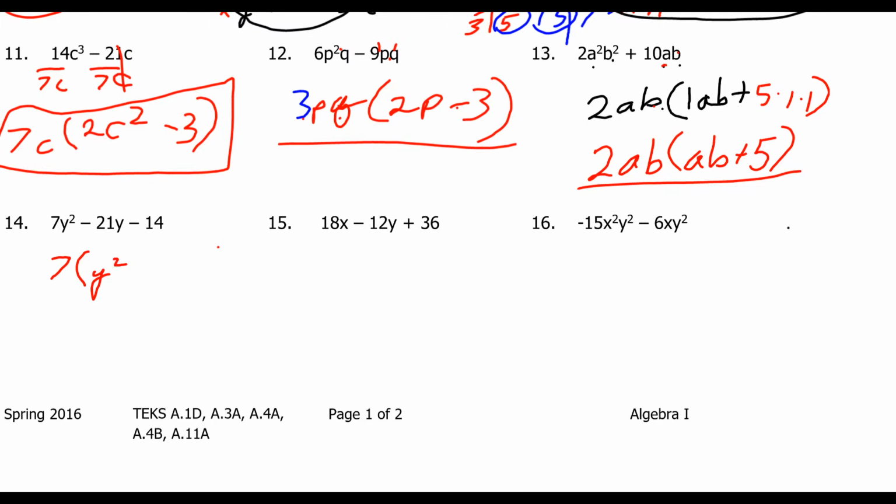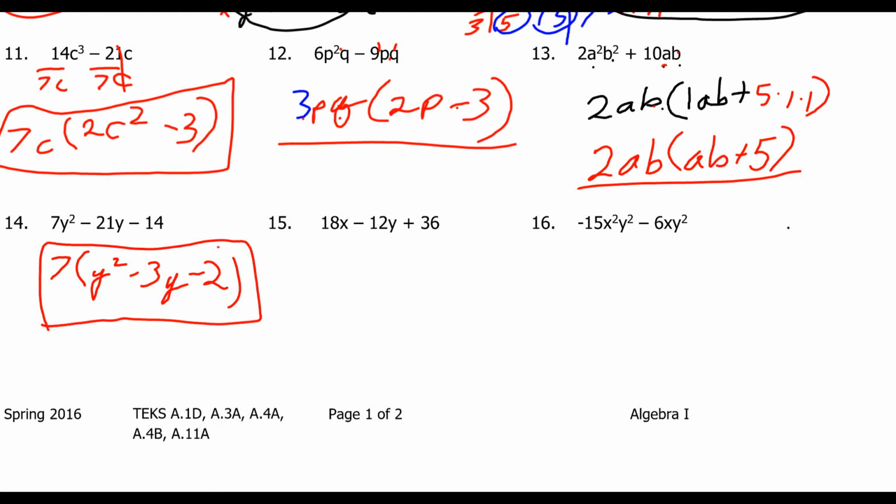And then 7 times negative 3y would give me negative 21y. And then 7 times negative 2 would give me negative 14. And there's another answer. All right, let's see. Number 15.